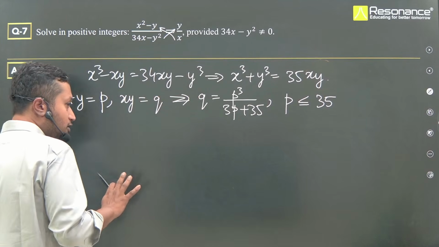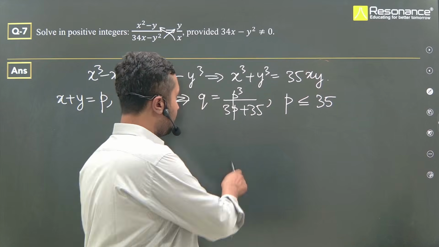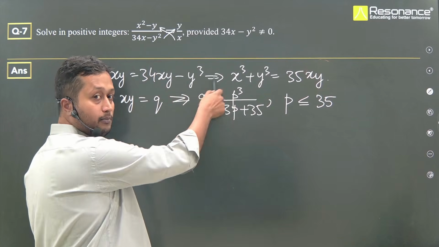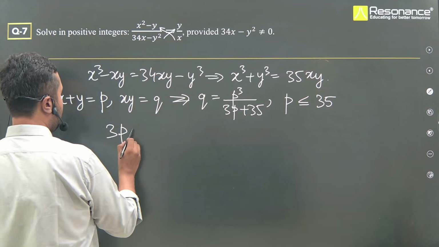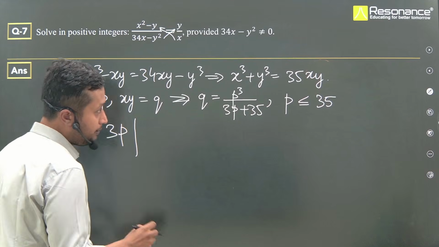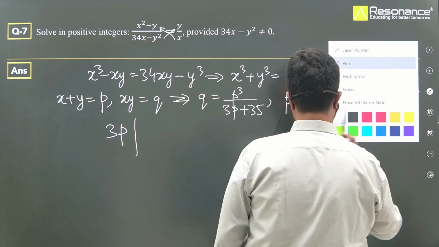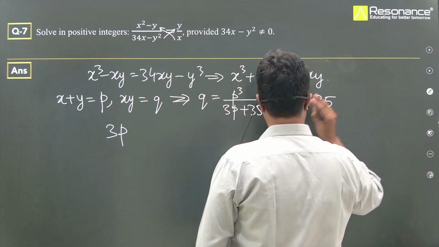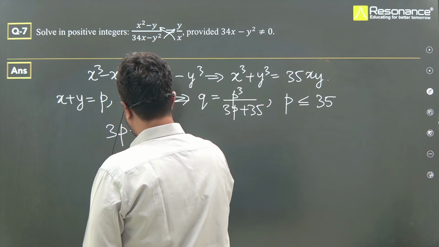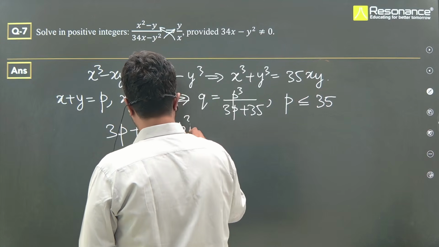Ensuring that p is a natural number, there's nothing hard about that. But this quantity must be a natural number, right? So 3p plus 35 must divide p cube.